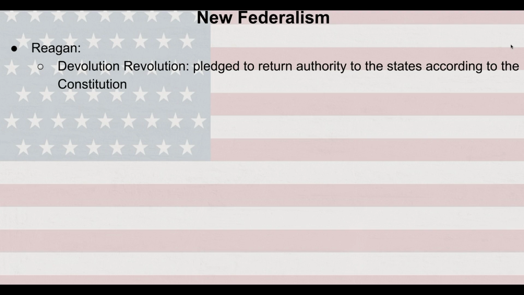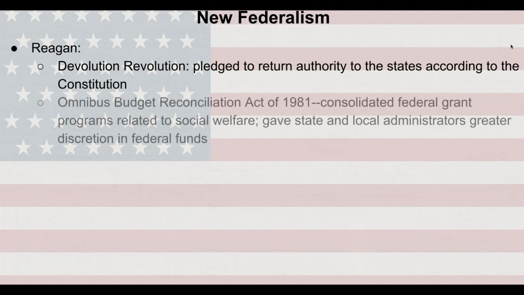And so, as we faced a lot of issues in the 1930s, we saw a lot of power consolidated into the national government under cooperative federalism, and Reagan is going to really work to devolve that power back to the state level and decentralize it from the federal government.